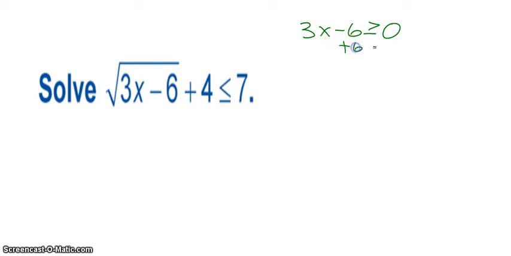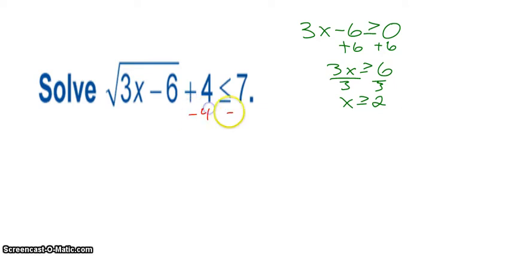So we're going to add 6 and divide by 3. This x is greater than or equal to 2 is going to be part of my solution. Now let's solve the rest of it as if it was totally normal.